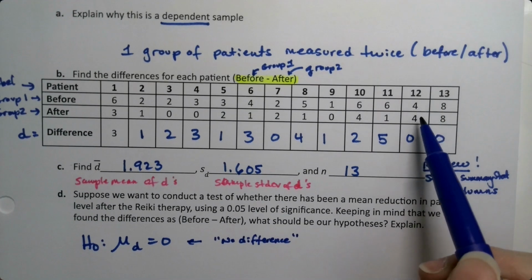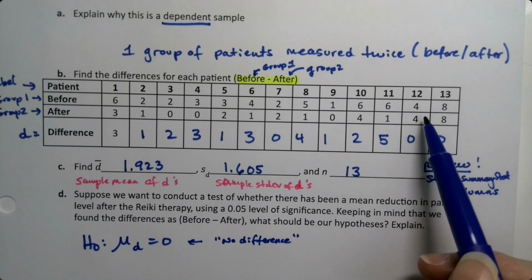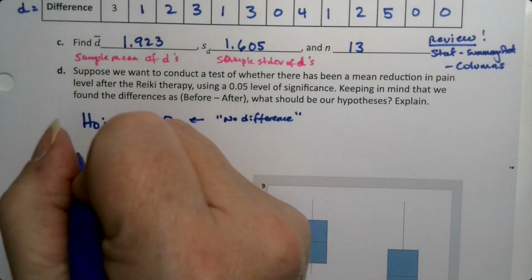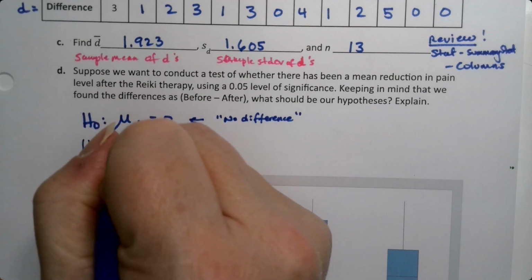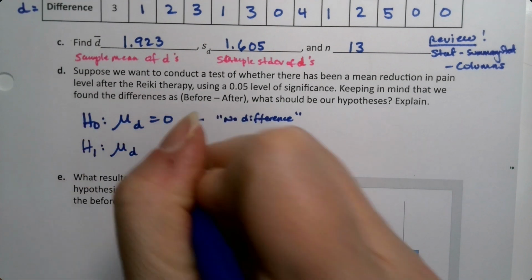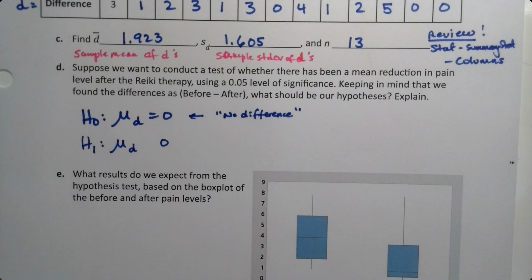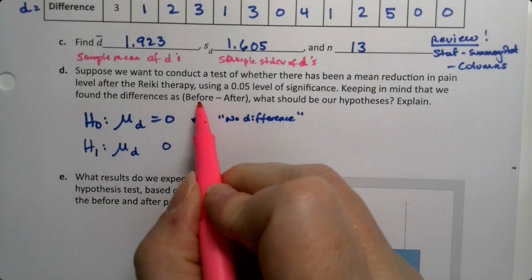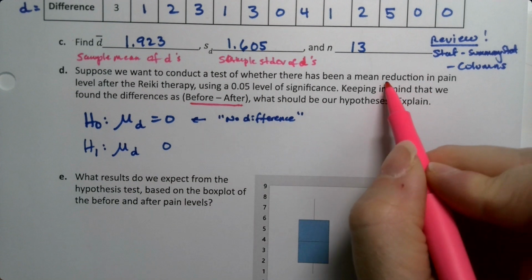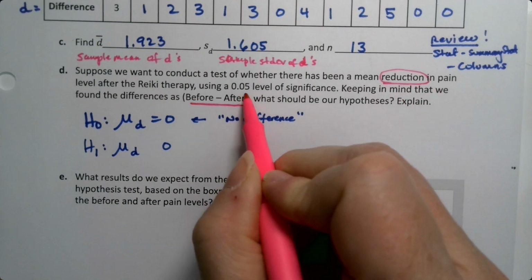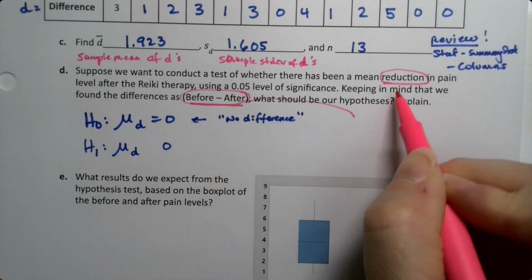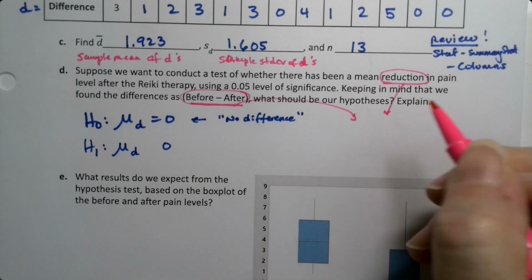For example, take away 4 was 0. So this person had the same pain level before as they did after. All right, and then we know it's mu d and 0 as well. What we're trying to determine is what direction do we think it's going. Now for that, we need to look at this before minus after business right here. So before minus after and reduction, those two things together are going to combine for us.